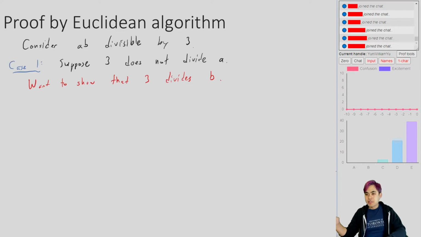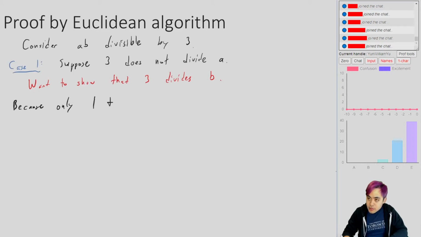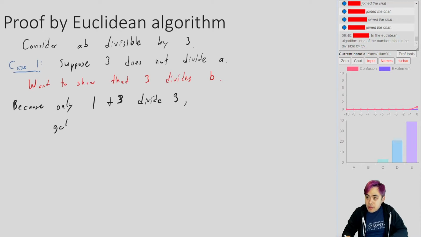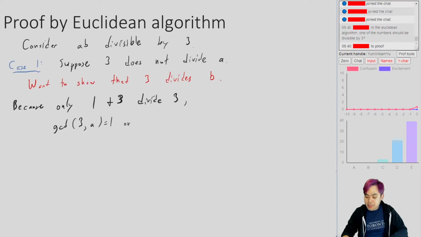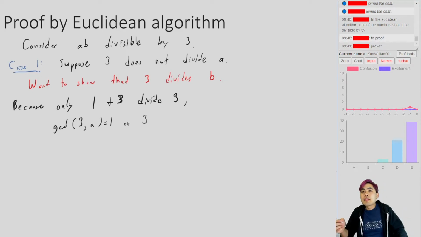So how do we show this? Well, because only 1 and 3 divide 3, since 3 is a prime number, the greatest common divisor of 3 and A is either 1 or 3, right? Because it has to be a divisor. We haven't quite got to the Euclidean algorithm yet.